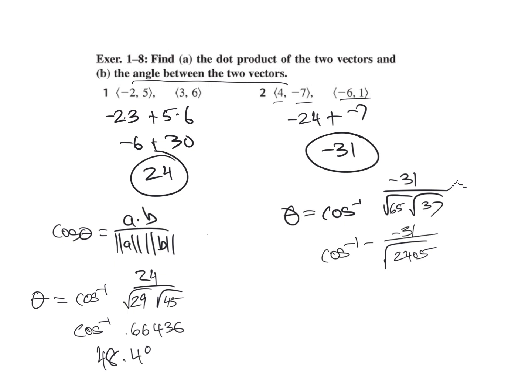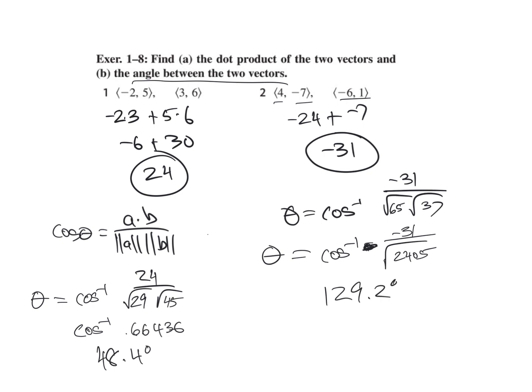Then we'll take the arc cosine of that. So negative 31 divided by the square root of 2405 gives us negative 0.632. So the arc cosine of that answer is 129.2 degrees.